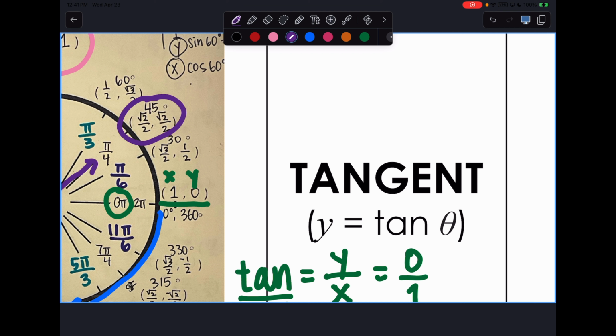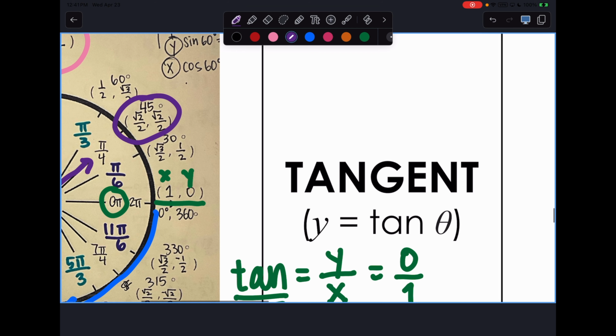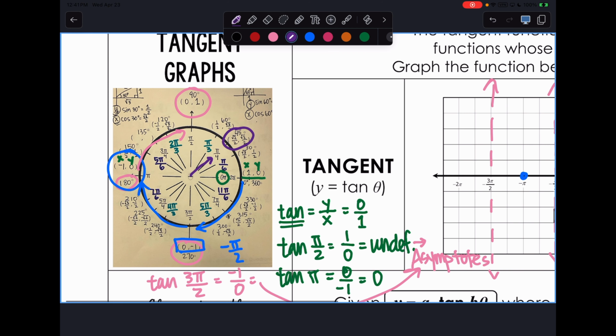If I put this over the square root of 2 over 2, I'm going to yield 1. Does that make sense? So tangent of 45 degrees is 1. So I'm going to write it out, but don't panic. Tangent of pi over 4 is equal to square root of 2 over 2 divided by square root of 2 over 2. Don't panic. This is the same thing as this, so it's going to be 1. Does that make sense? Okay.